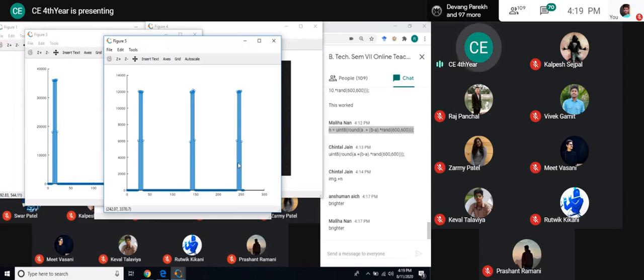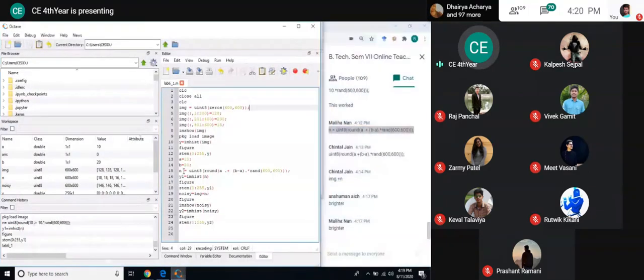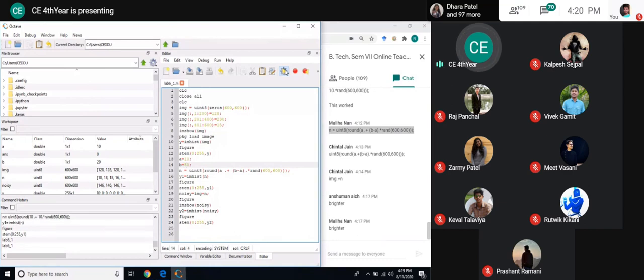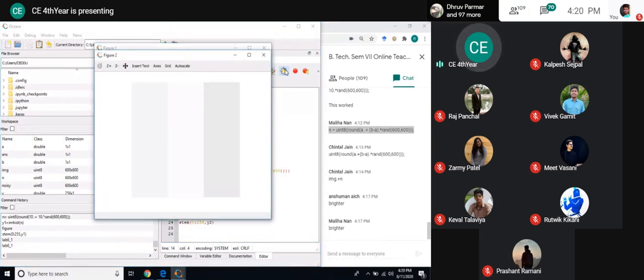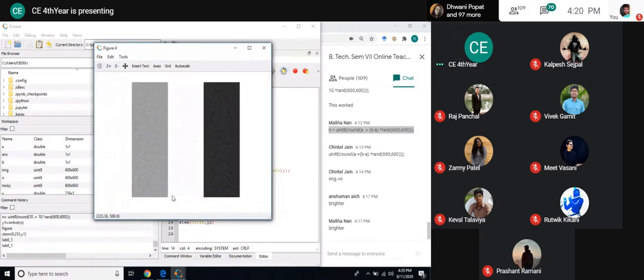Logically it will work, but if you want to make it broader, from 20 to say 50, the histogram is going to be broader. It is expected here.